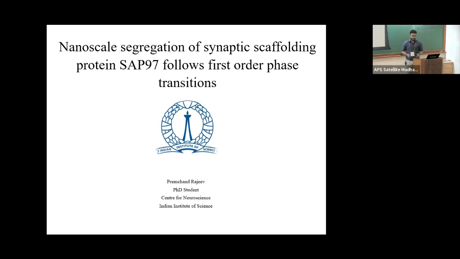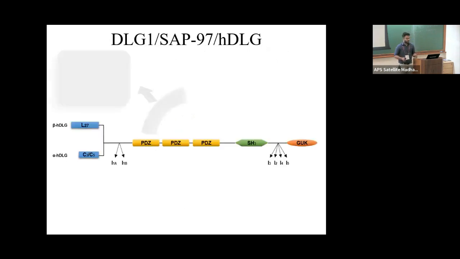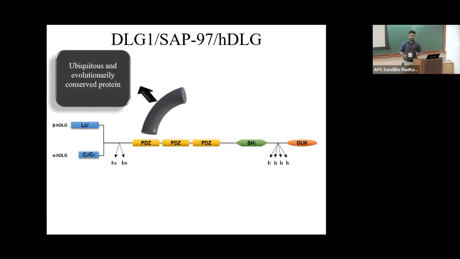So let me jump onto my research question. Just before that, I will give you a brief introduction to the SAP97 protein. SAP97 in mammals, also called DLG1 in Drosophila and hDLG in humans, is a ubiquitously present protein in different cell types, and it is also an evolutionarily conserved protein.